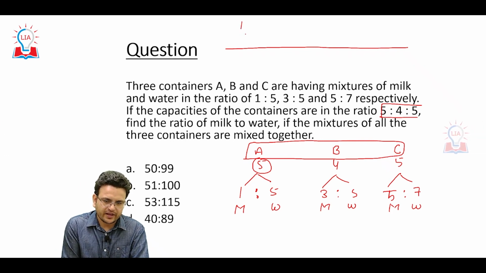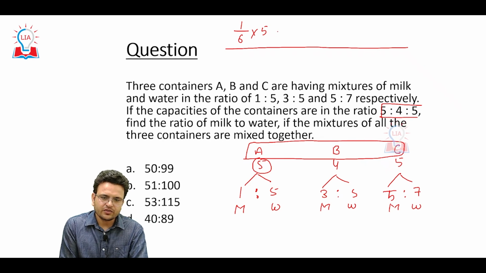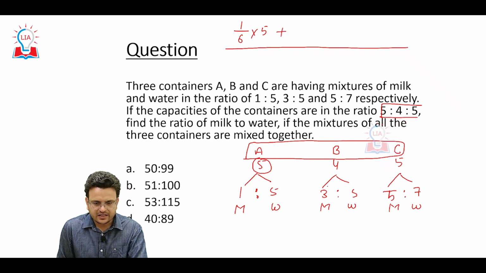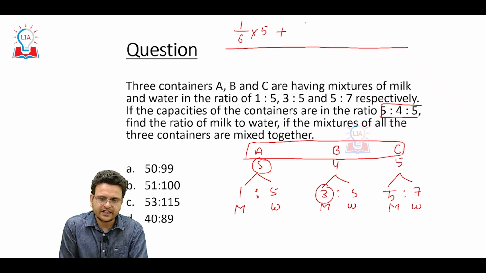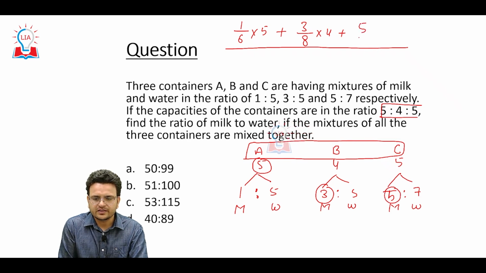Ratio of A, the milk part over the sum of the ratio, into total. Same way, in the second, ratio of milk 3, sum of the ratio 8, into total. Same way, ratio 5, sum of the ratio 12, into 5.